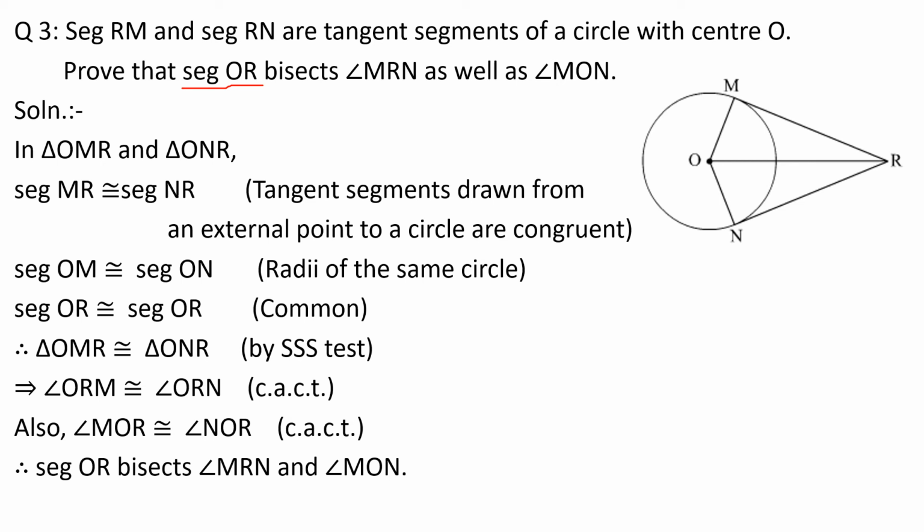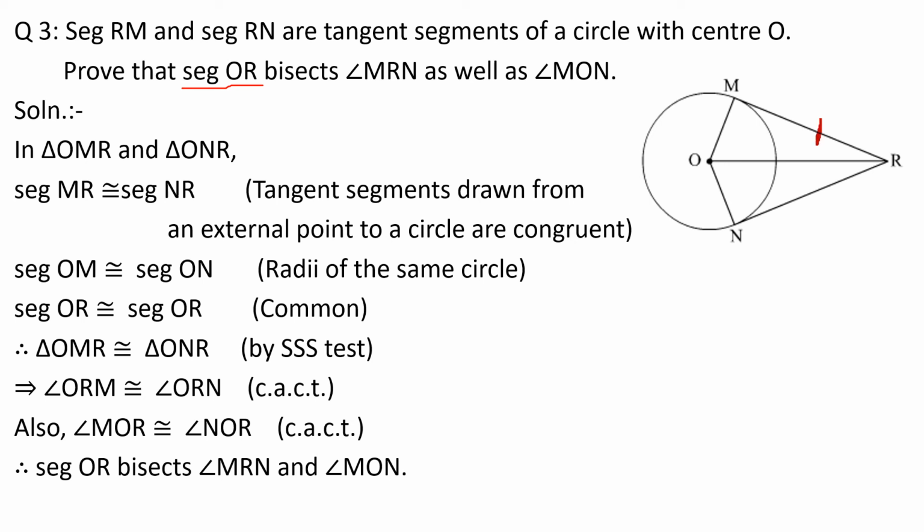So start. In triangle OMR and triangle ONR, observe the diagram. MR is congruent to NR because of tangent theorem. Tangent segments drawn from an external point to the circle are congruent.